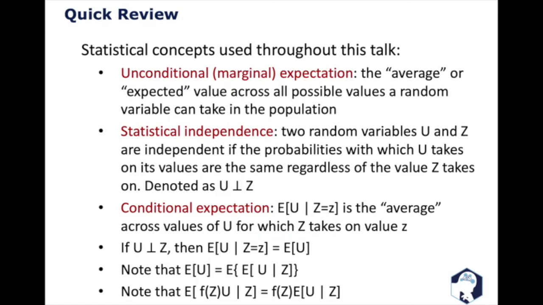So we have the expected value of some function f of z times u conditional on z. We can pull out f of z, and so that expectation on the left-hand side is just equal to that function of z times the expected value of u given z.